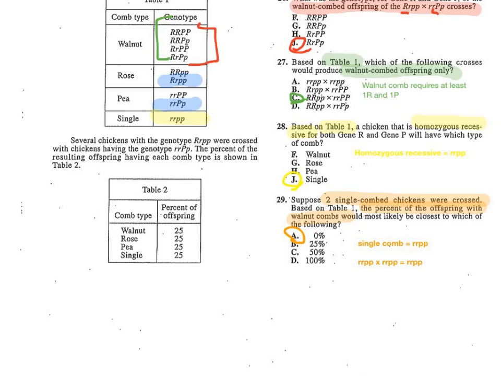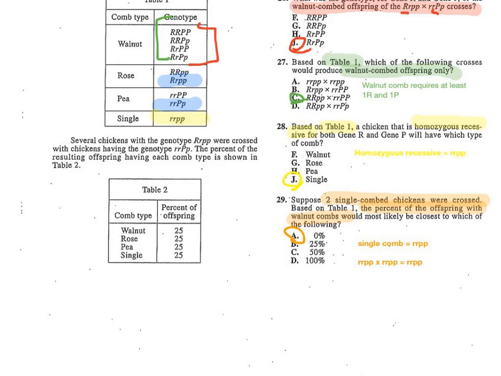Now, that information will also help us answer question 29, which reads, suppose that two single-combed chickens were crossed. Now remember, to be single-combed, they need to be homozygous recessive for both genes. It says, based on Table 1, the percentage of the offspring with walnut comb would most likely be closest to which of the following?